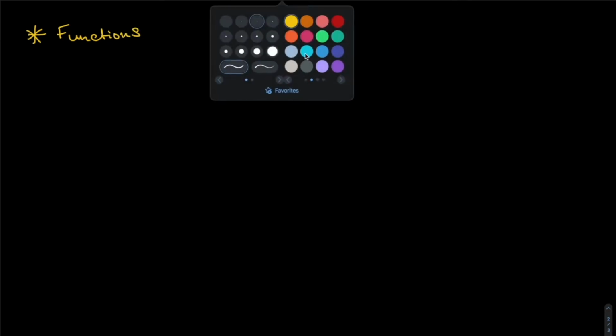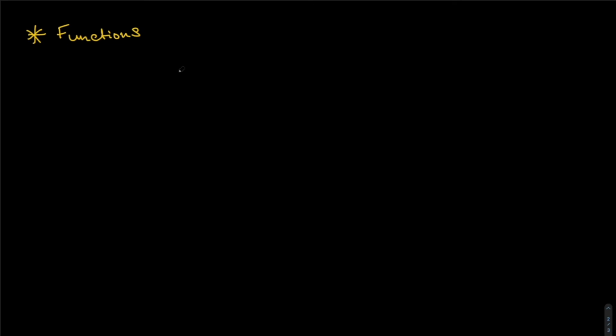So let's look at functions now, starting with functions. This is the main part. So again, if I have to give the textbook definition, it would go something like this.